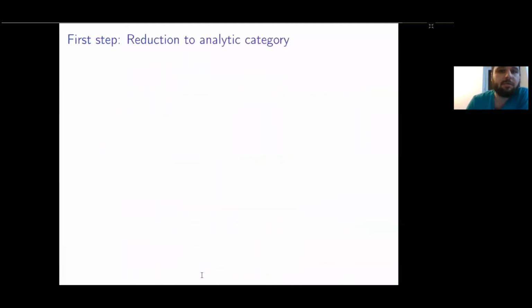Okay, so now I will explain the proof of the Atiyah-Hodge theorem, and it will have several steps. The first step is to reduce the theorem to a purely analytic statement.